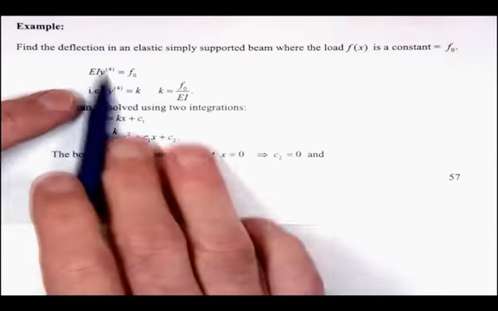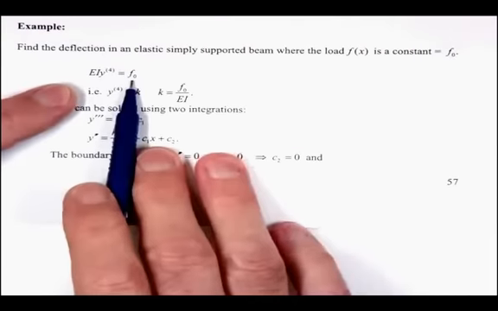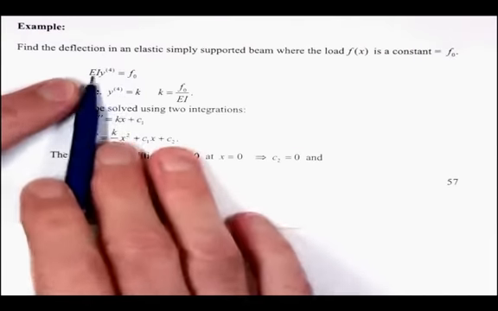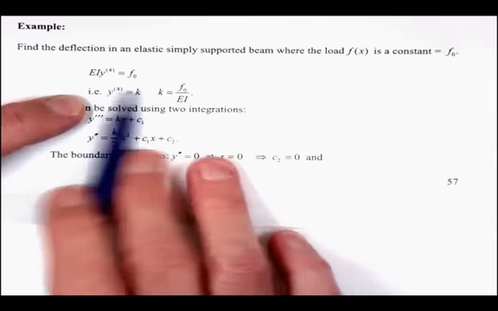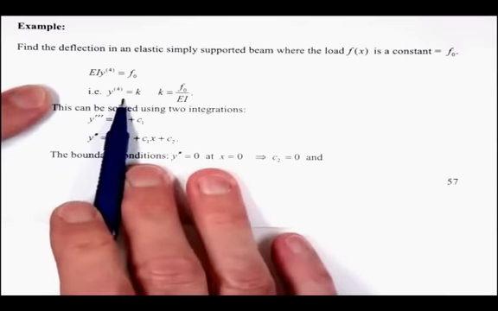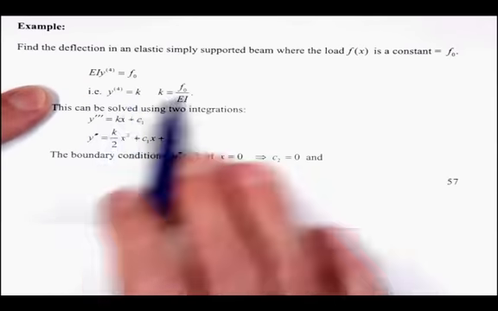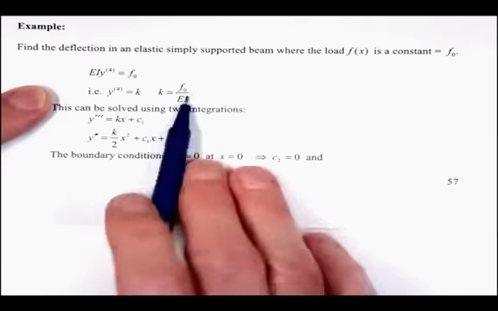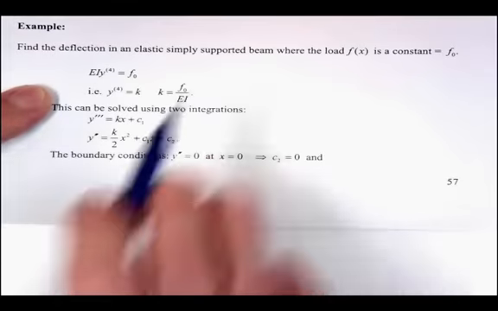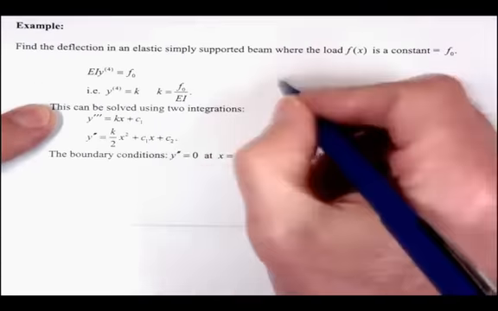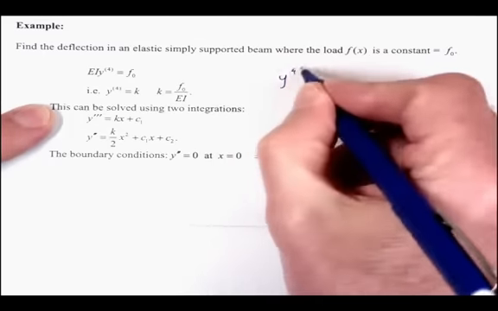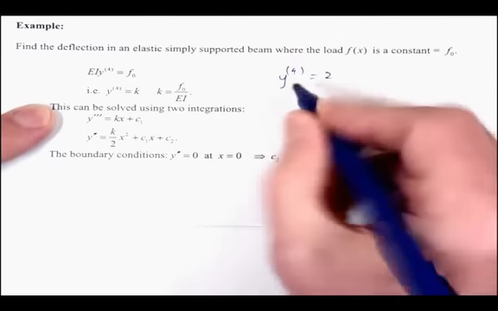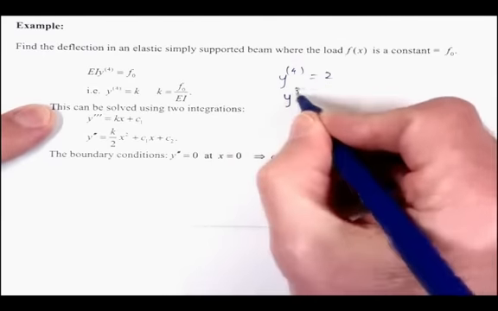So if that's a constant, F naught, we divide through by these two constants, we basically end up with a very simple differential equation. The fourth derivative is equal to a constant, and we could go back to our original units by using these details. So if I said the fourth derivative was equal to 2, what would the third derivative be?